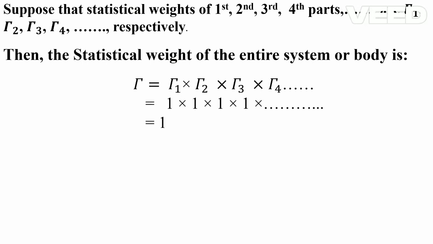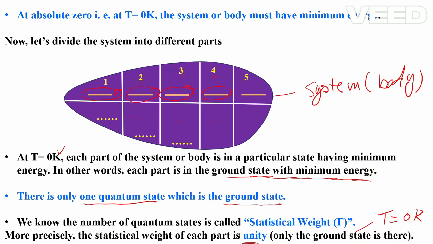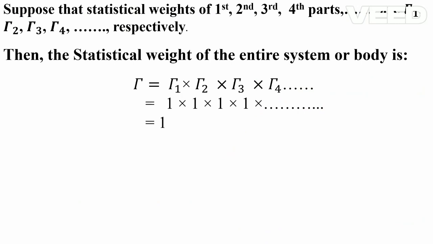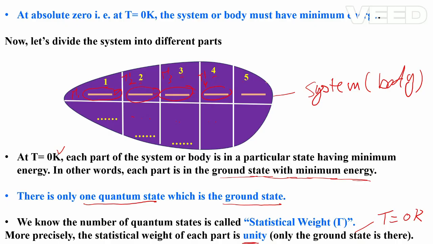Suppose the statistical weights of the first, second, third, and fourth parts are represented as W1, W2, W3, W4, and so on. Then the statistical weight of the entire body will be the product of the statistical weights of its parts.